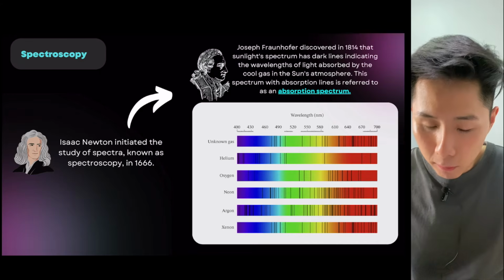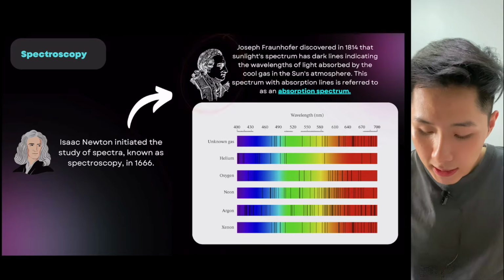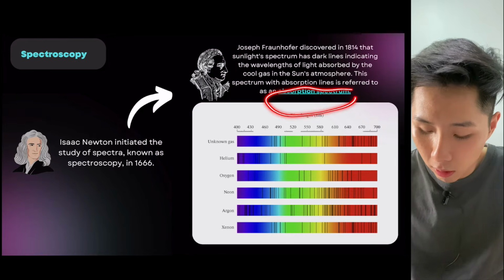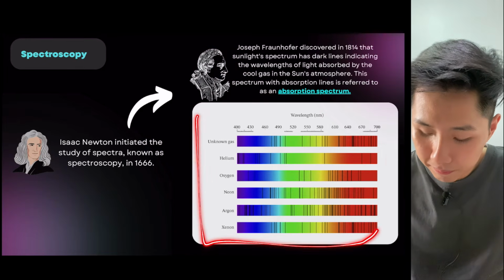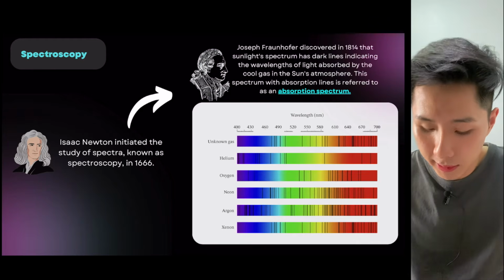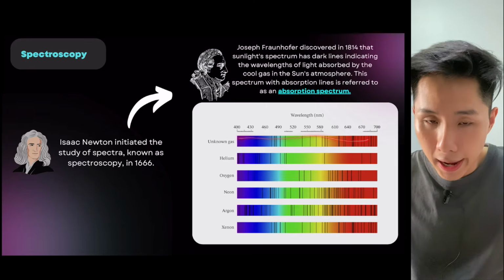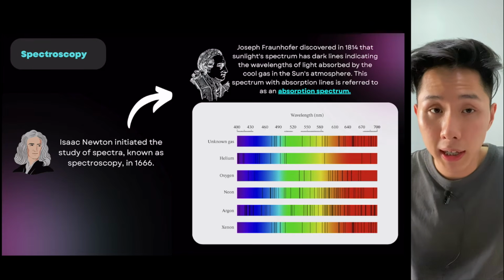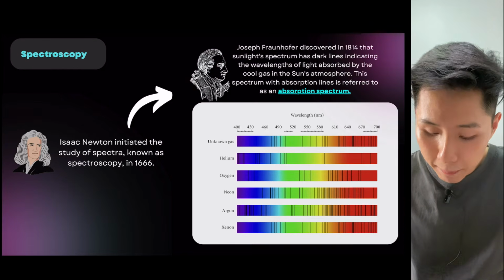So what happened here in short is that this scientist, Joseph Fraunhofer, discovered this thing called the absorption spectrum. We know that light consists of many colors, the rainbow colors, and in the dispersion of light, we know that it can be split up.